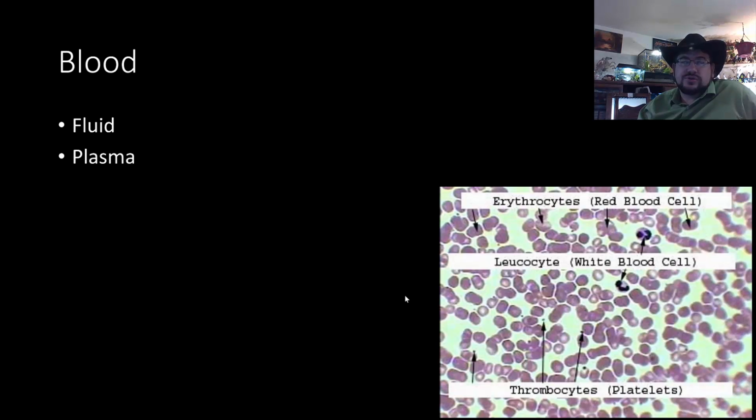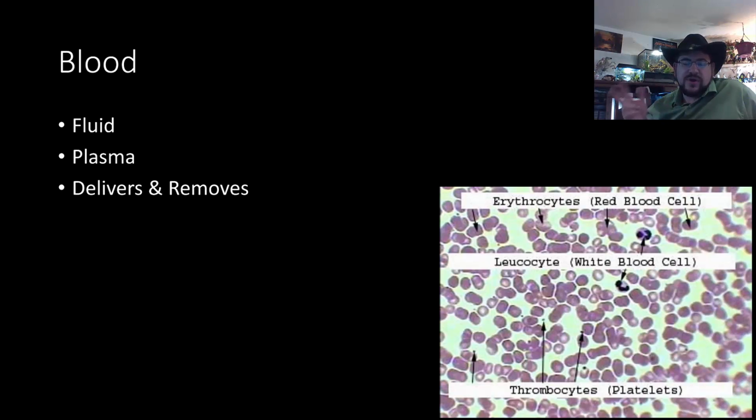Blood serves extremely important functions. It delivers signals like hormones, it delivers oxygen, and it delivers nutrients to the entire body. Signals like hormones, oxygen, and nutrients.